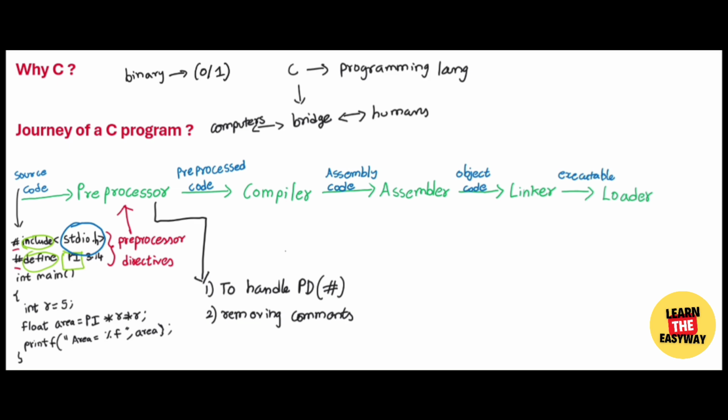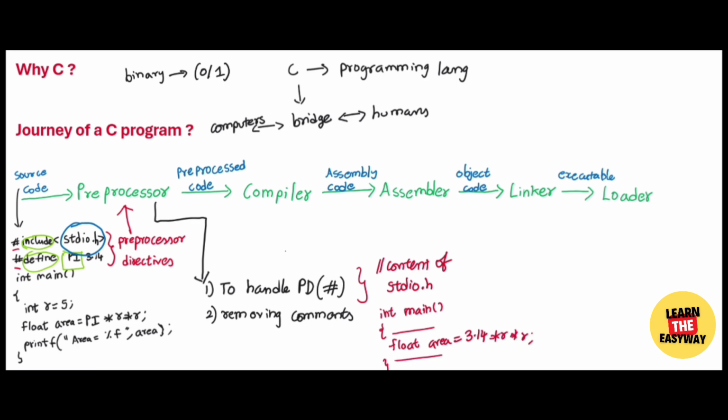After the preprocessor handles these two things, the preprocessed code will look like this. We will have the content of the stdio.h header file, and after that we will have our source code again, but here pi will be replaced with 3.14.